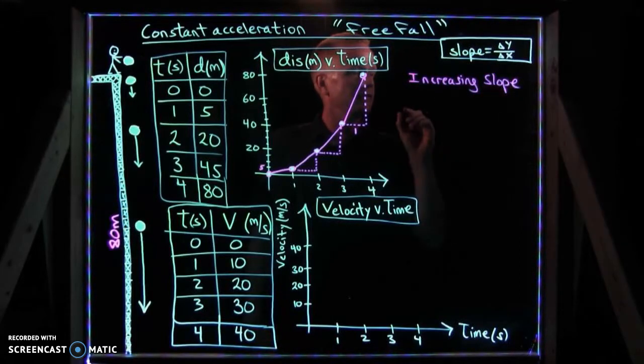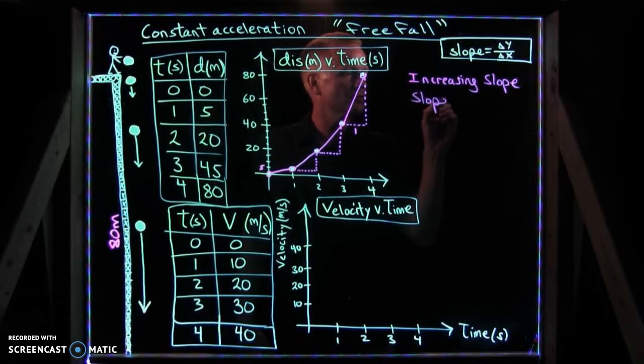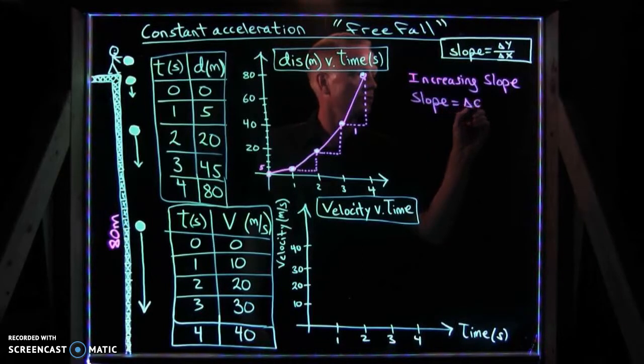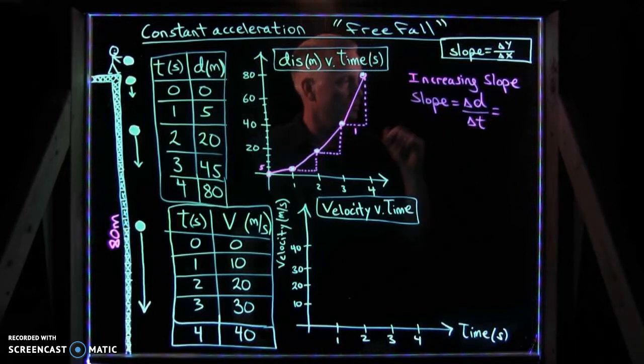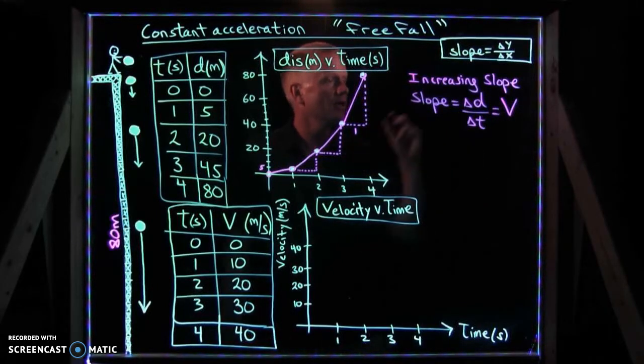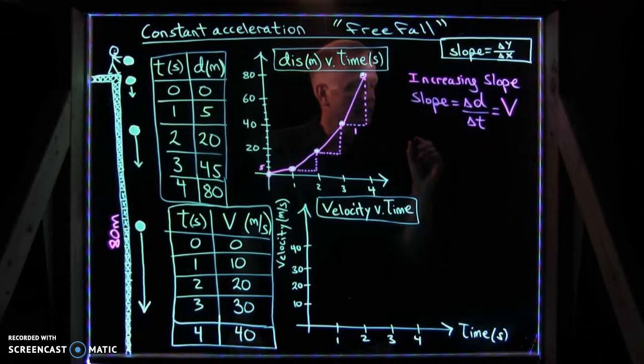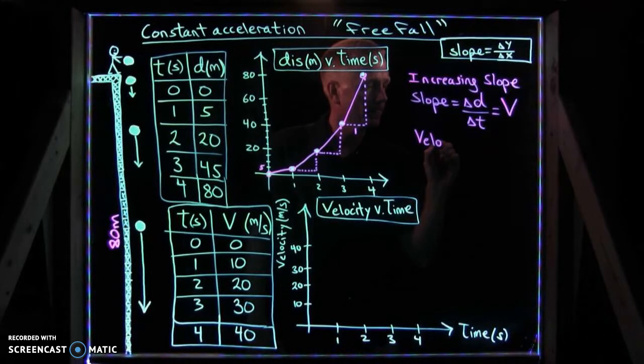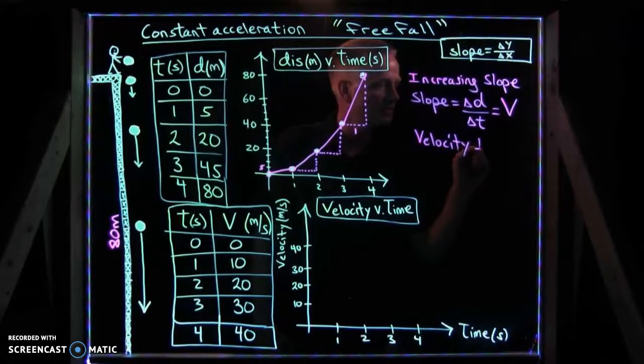And since slope of this graph measures the change in your distance per unit change in time, which is really measuring your velocity, this implies that your velocity is increasing.